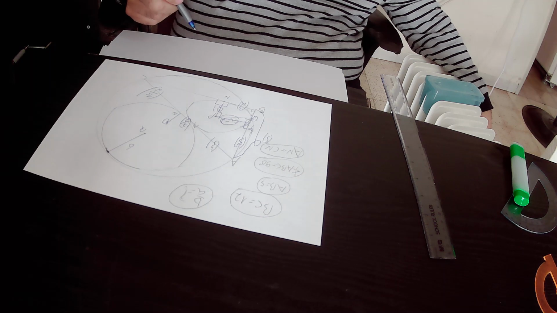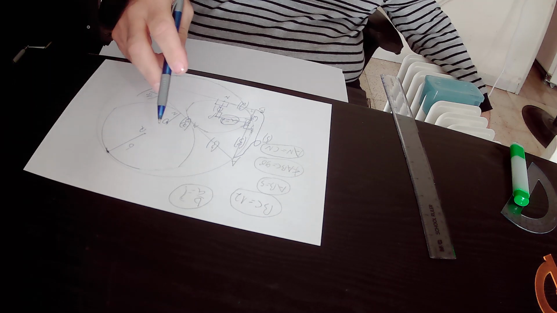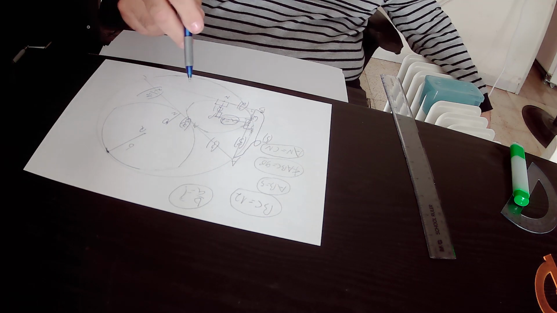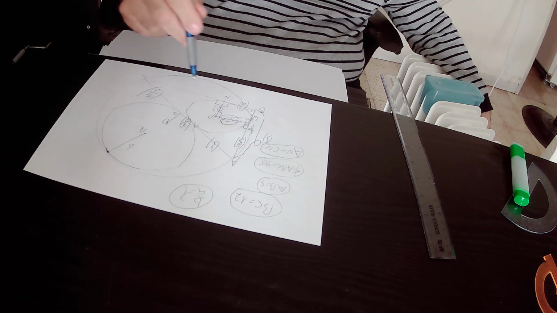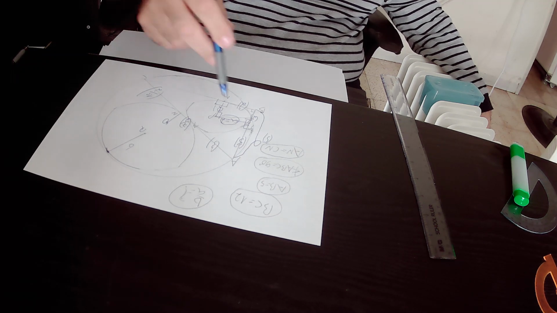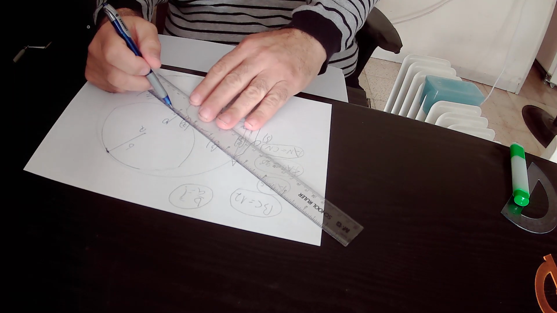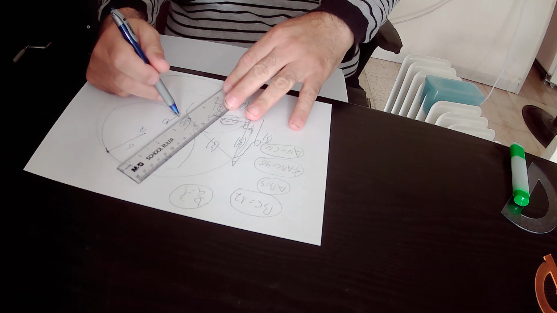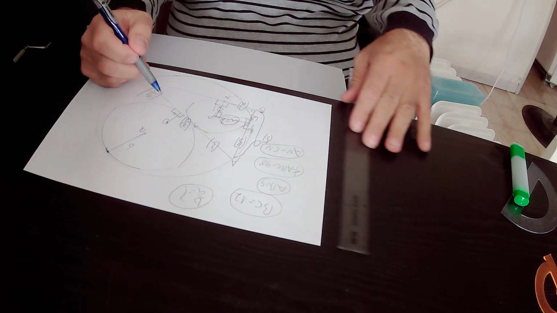And because line segment ON, drawn from the center of the circle, that is to say from point O, bisects chord AC, it will not only bisect the chord AC, but it will also be perpendicular to chord AC. That is to say, this angle will be equal to 90 degrees, and this angle will also be equal to 90 degrees, according to rule number 7.